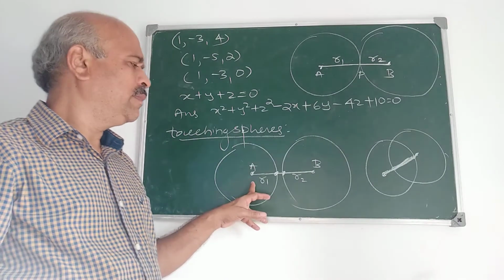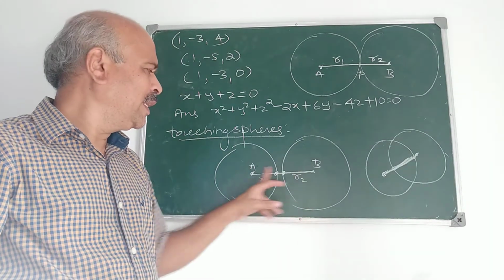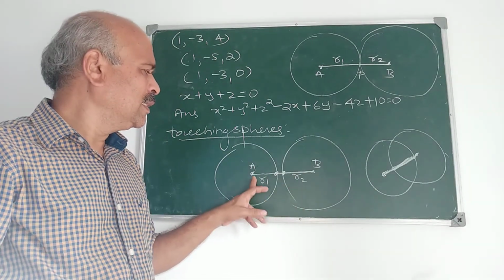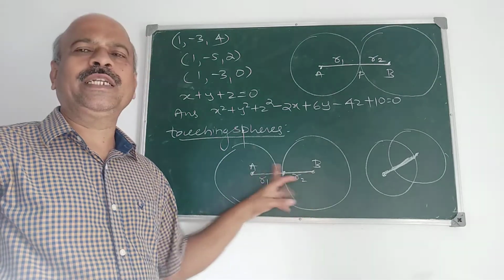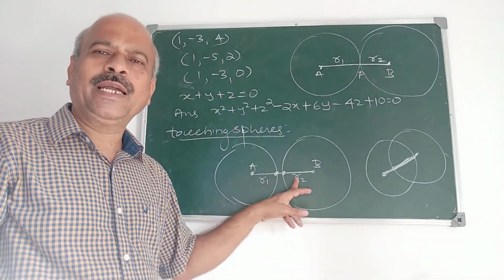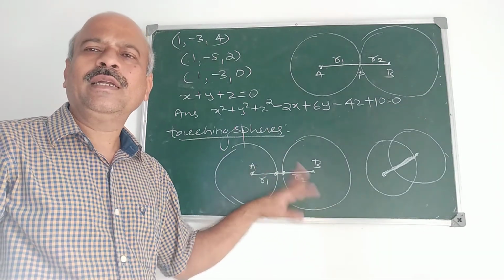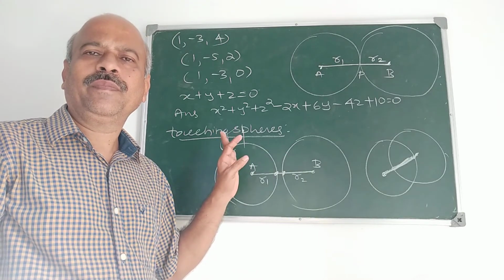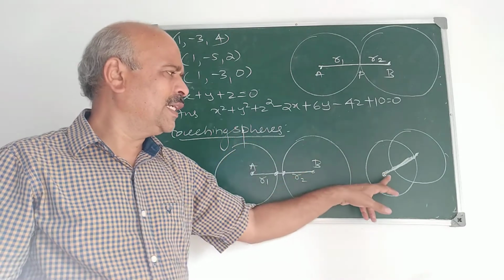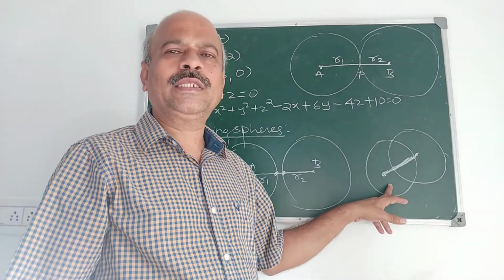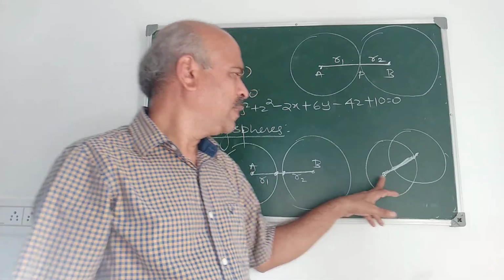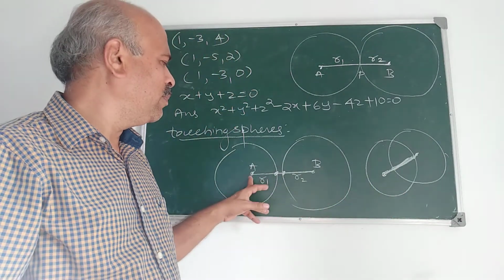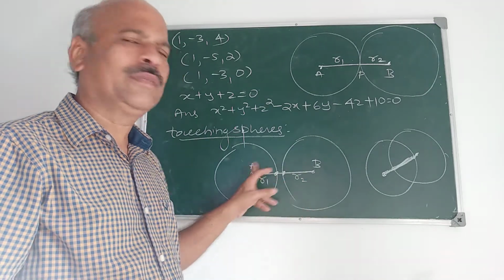See, in this case, the sum of the radii is less than the distance between the centers.